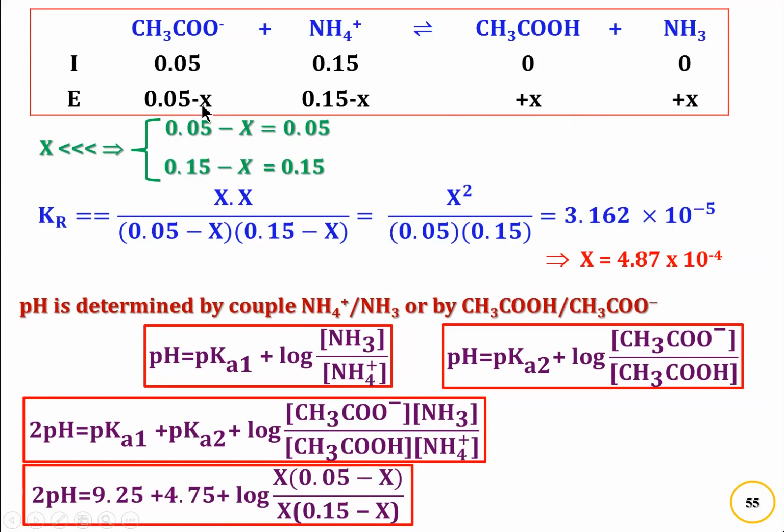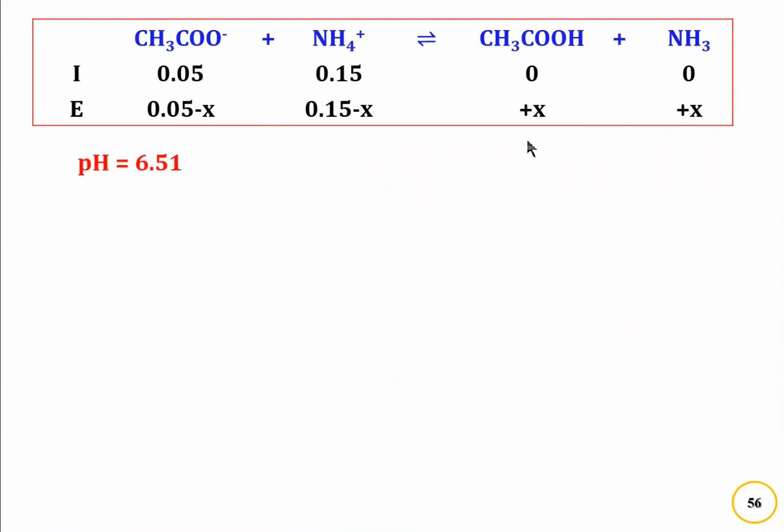Acetate is 0.05 minus X, and NH3 is X, divided by NH4+ which is 0.15 minus X, times X. As X is negligible with respect to 0.05 and 0.15, we put X in its value and we obtain a pH equal to 6.51. So we calculated X and the pH of the solution obtained.